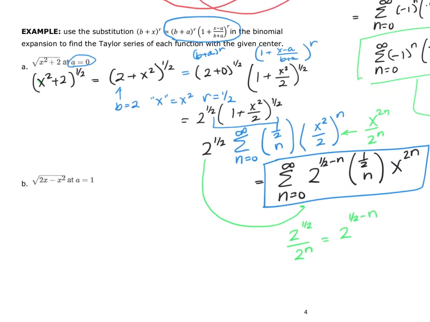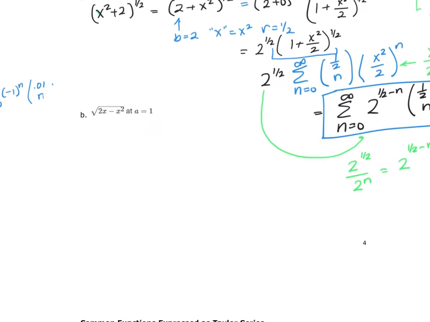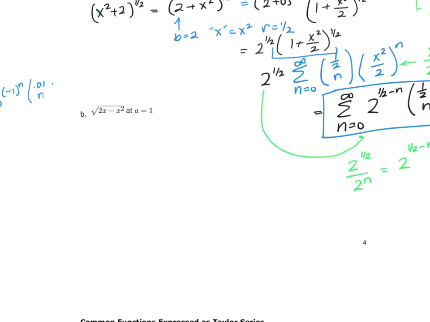Now let's take a look at my next example here, where I have this 2x minus x squared. Now to be able to use my theorem up above, I need this in the form of some number b plus x, and I use that x loosely, raised to the r.